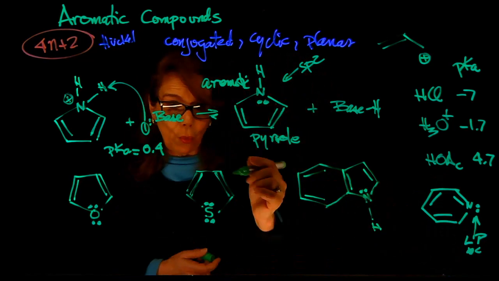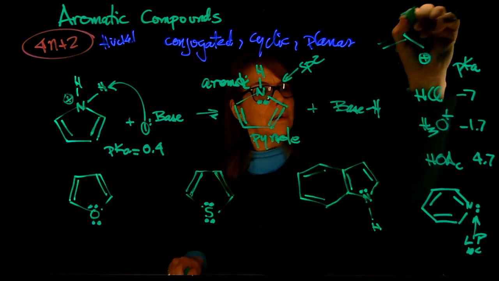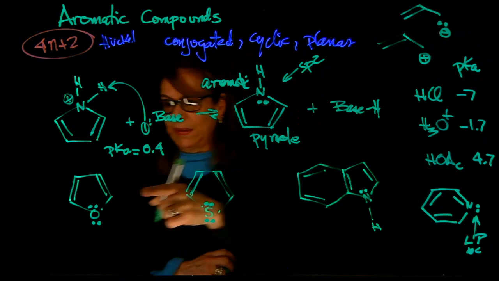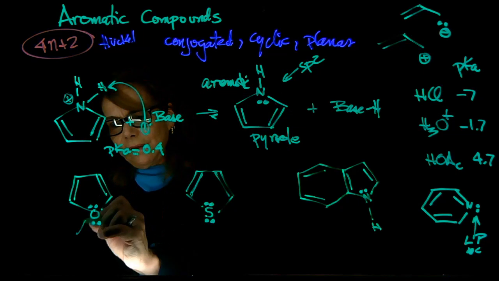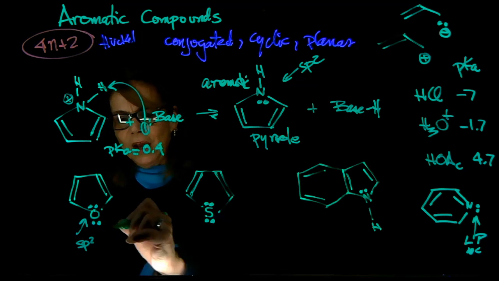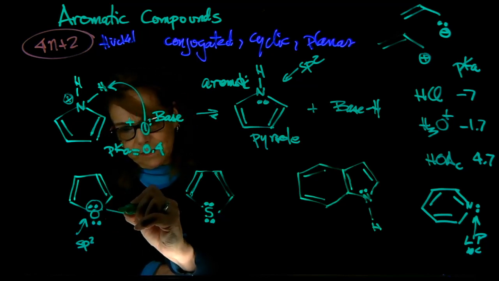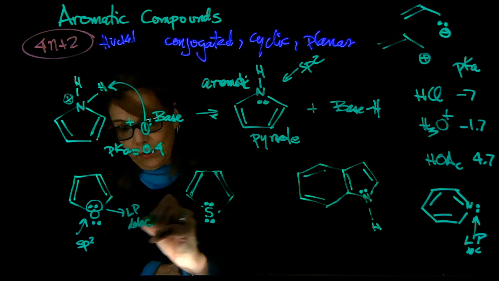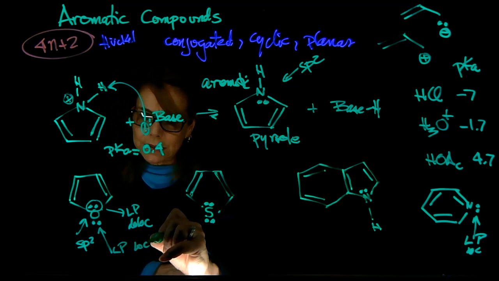Now, which electrons do we count? In this system, think of the electrons as being allylic. The oxygen atom is also sp2 hybridized, so you will have one lone pair delocalized, and the other lone pair is going to be localized.